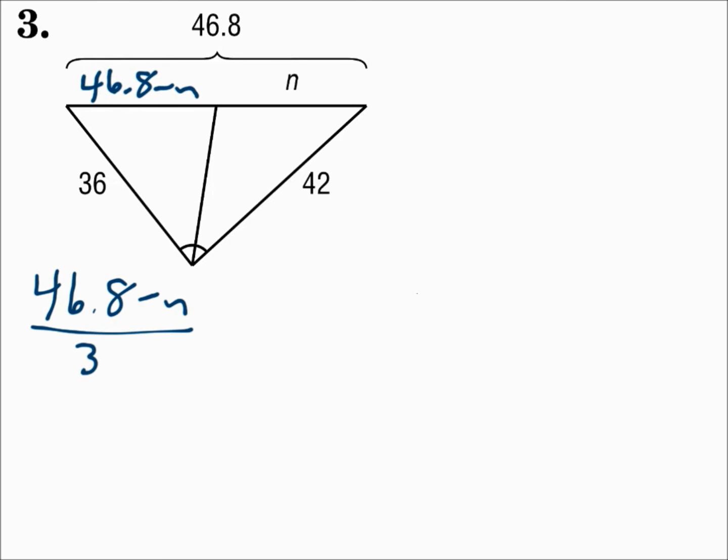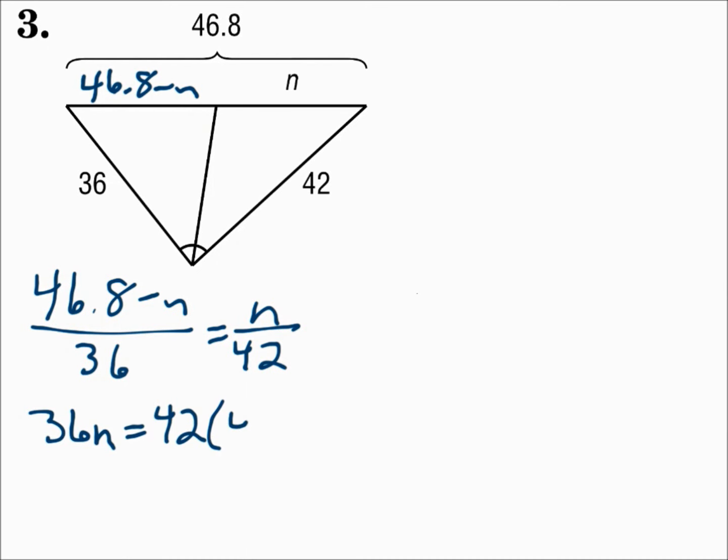46.8 minus n over 36 equals n over 42. We're not going to use 46.8 because it's not a part that we need. We'll only use the other parts: the two sides and the two parts of the third side. So go ahead and cross multiply.